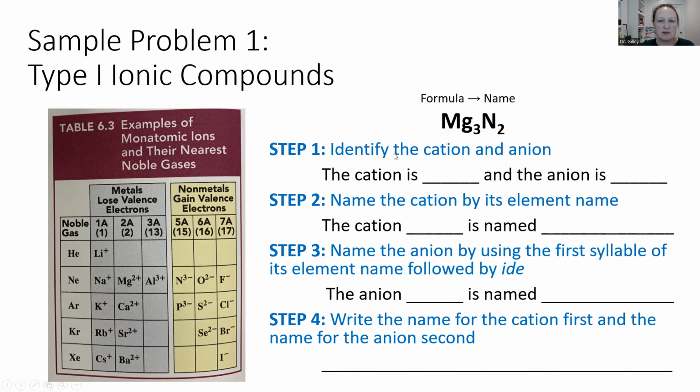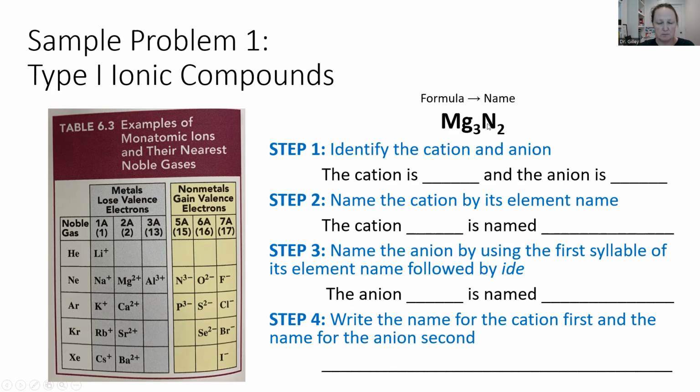Well, step 1 is going to be to identify the cation and the anion. And so we're going to be able to find those by looking at which group they're in the periodic table. So for example, Mg stands for magnesium. And we can find that in group 2A, and it forms magnesium 2+ ions.